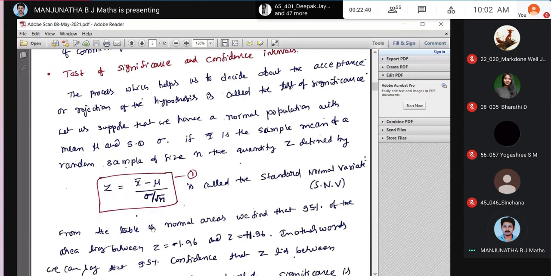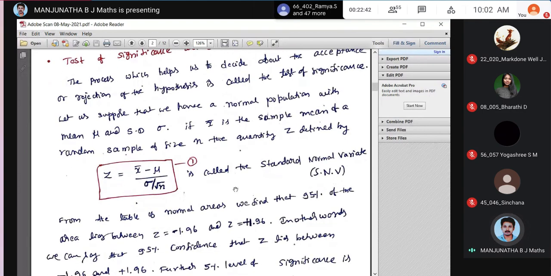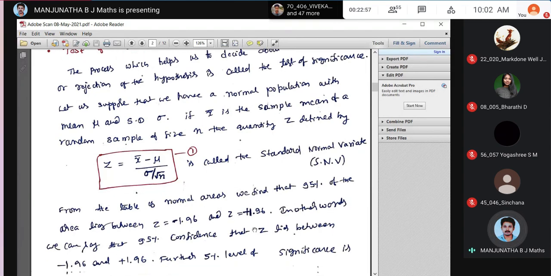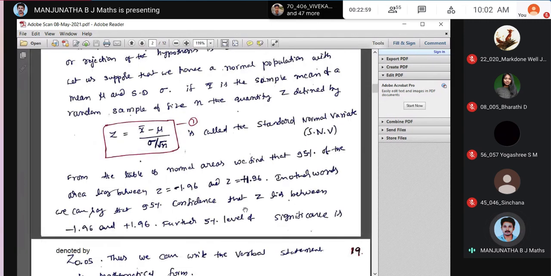This is called a standard normal variate, SNV. From the table of normal area, we observe that 95% of the area lies between z equal to minus 1.96 and plus 1.96. In other words, we can say with 95% confidence that z lies between minus 1.96 and plus 1.96.